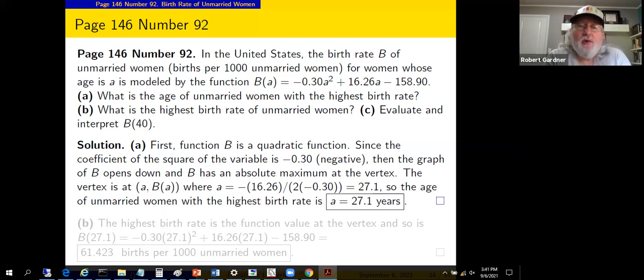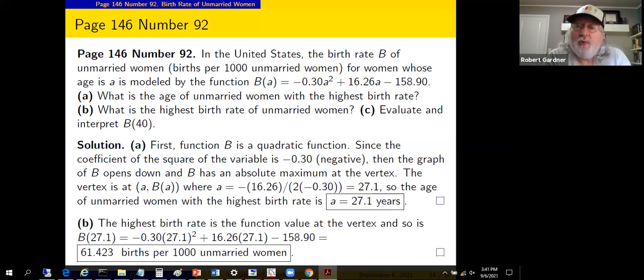Part B says, what is the highest birth rate? That is, what's the maximum of the function? A is negative. We know we have a maximum. We know what occurs here. So all we got to do is plug this in to the function for A. That is, we need to compute B of 27.1, plug 27.1 in for A. It produces 61.423.